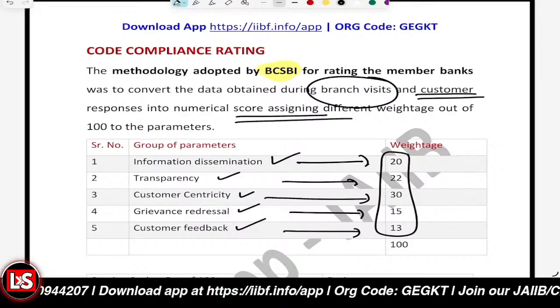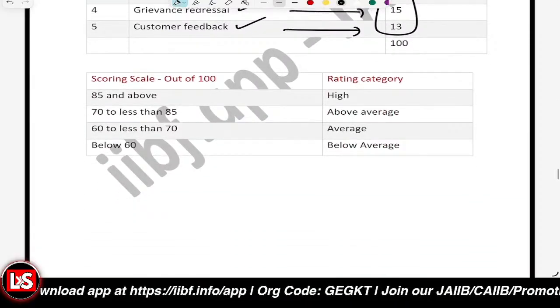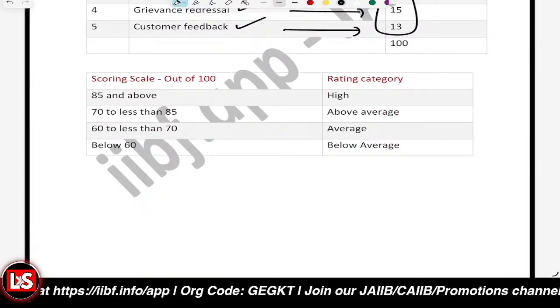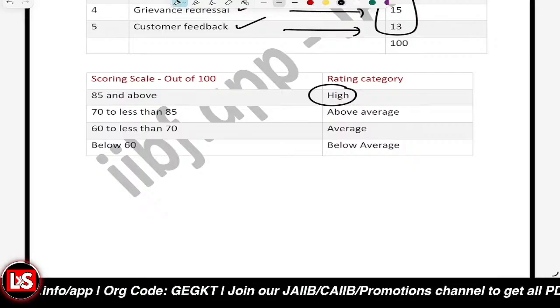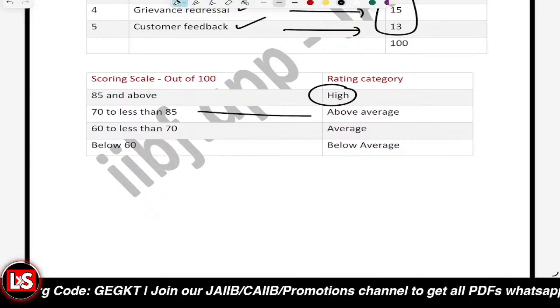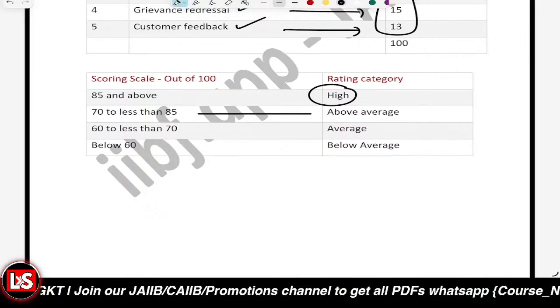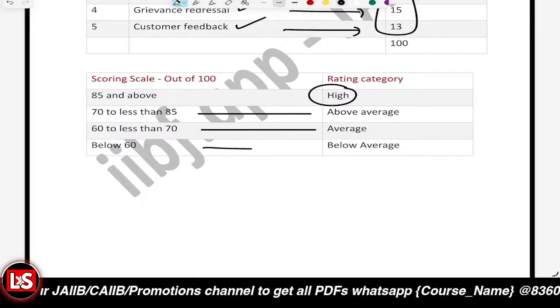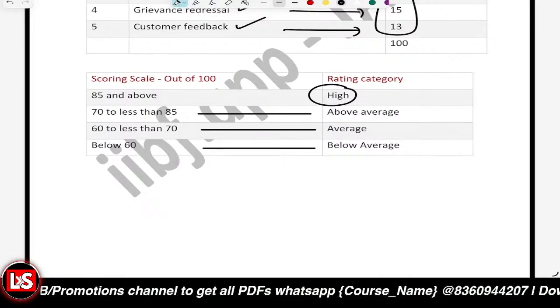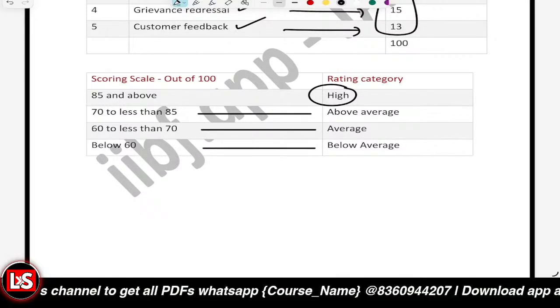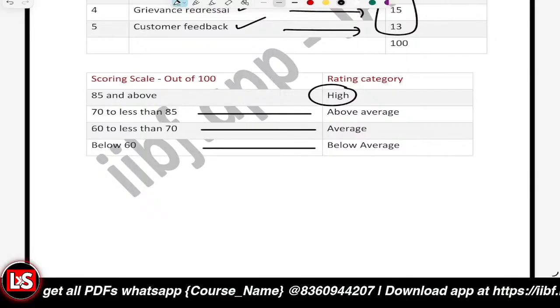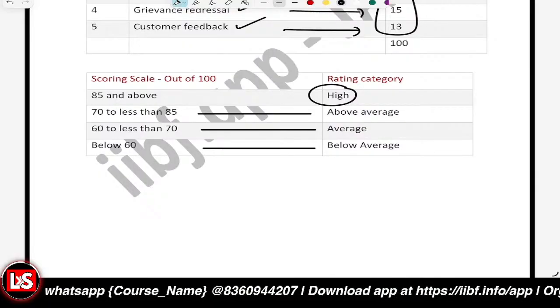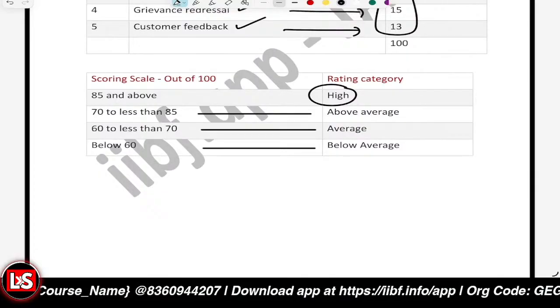And the rating scale says if your rating is 85 and above, you're rated high. If your rating is 70 to less than 85, then it will be above average. 60 to less than 70, average, and below 60 it is below average. So that was the rating system, the code compliance rating, we can say CCR, right?